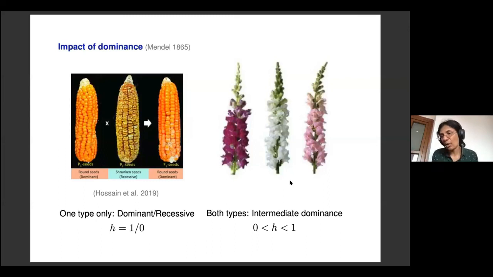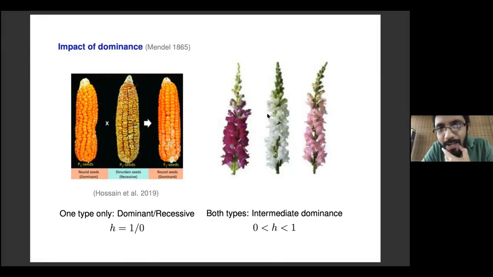So it's a parameter which will enter the model to say how much is the probability that you will see the heterozygote to be different from the two homozygotes. Okay. So it's not a probability, it's a characteristic selection. I mean, I don't know if it's probable, but it says whether it's fully dominant or intermediately dominant.